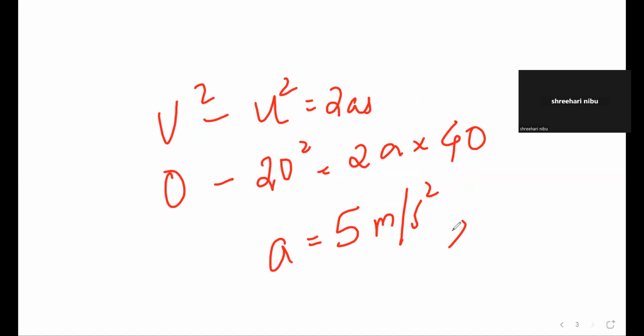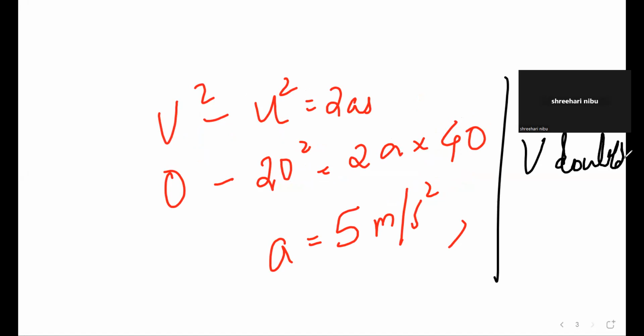Then again, now velocity is doubled, right? So this 20 will become 40 square. So 0 minus 40 square is equal to 2AS.